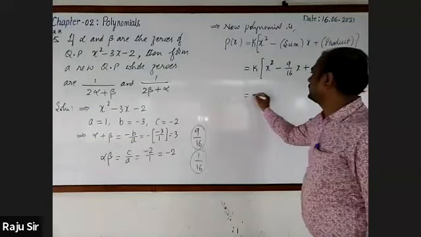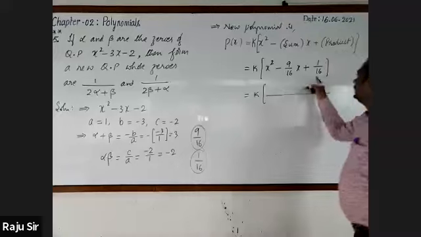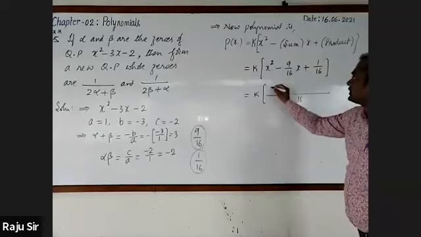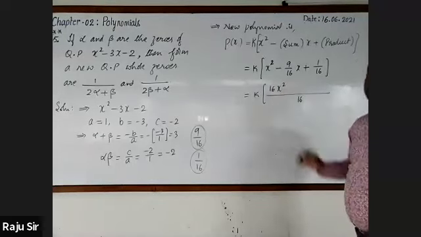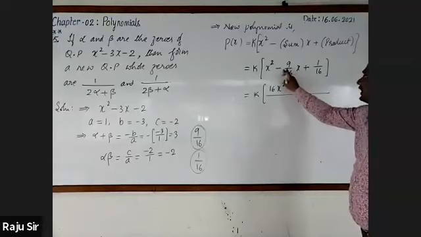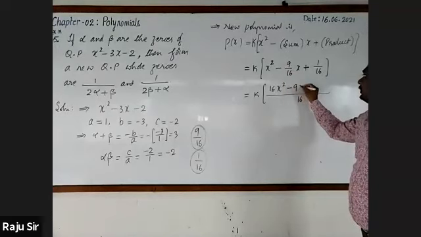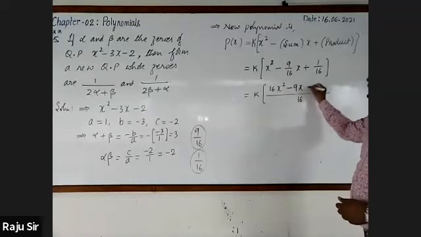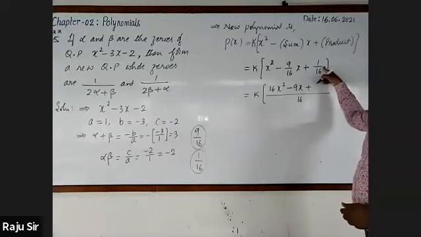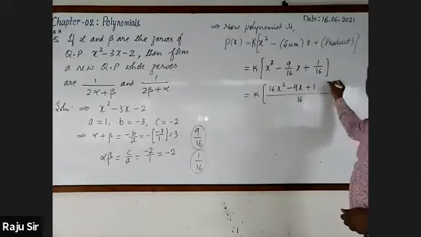Let's take LCM. LCM is 16. Multiply 16 with all the terms. 16 into x square, 16x square. Minus with the second term, both get cancelled. You will get 9x. Plus multiply LCM with the third term. 16 gets cancelled. You will get 1.